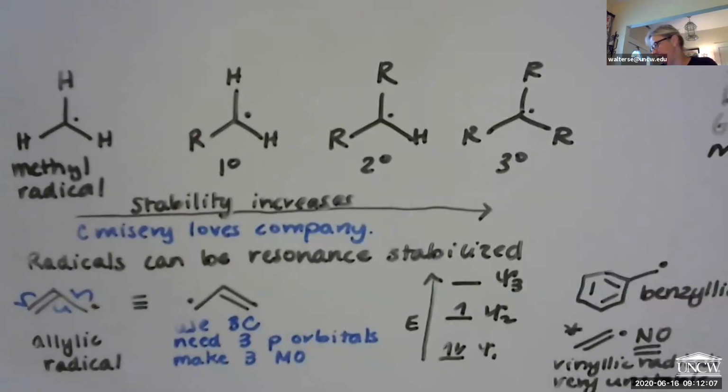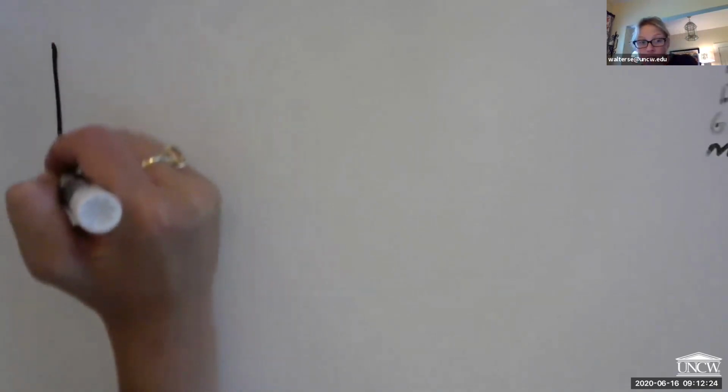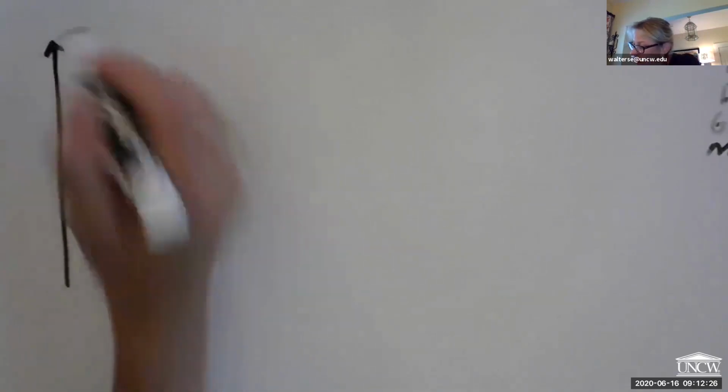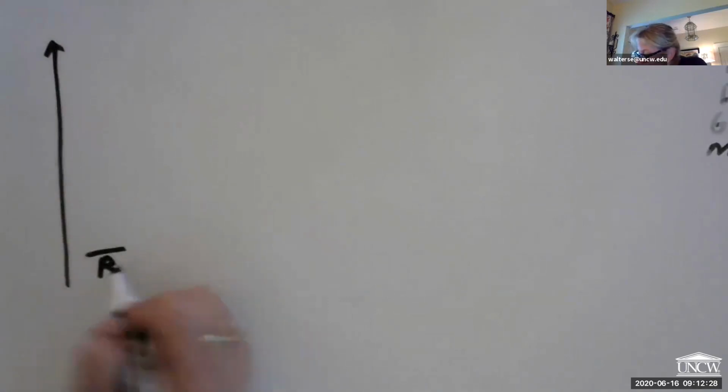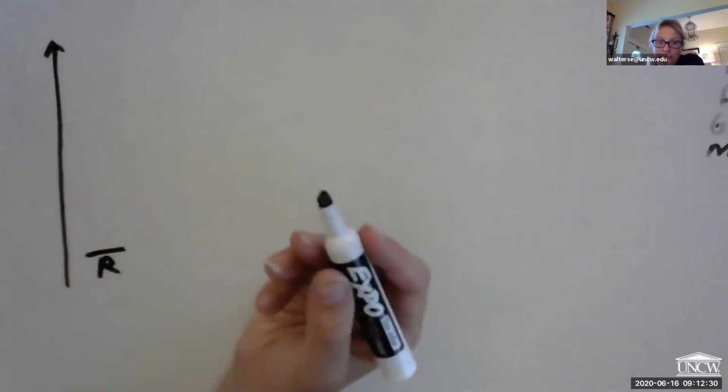Let me draw something real quick. I guess the best answer is yes and no. Because let's say we have our energy level diagram here, and we're going from reactants to something. Okay.